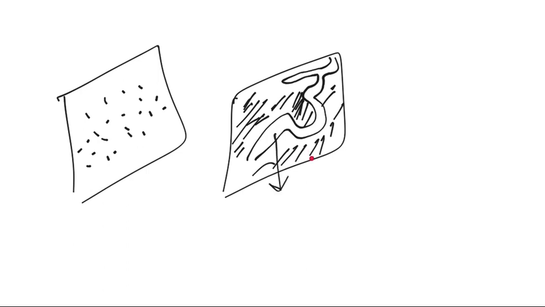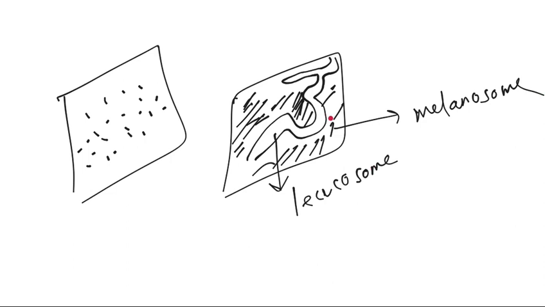These whiter portions are called leucosome, and these darker portions are called melanosome.